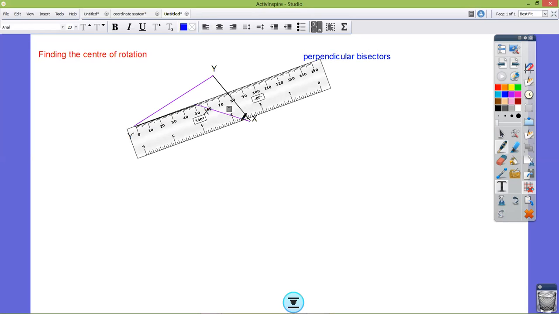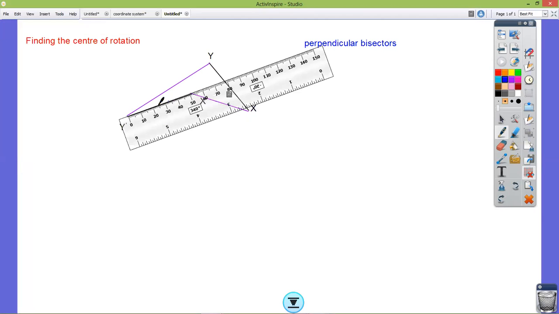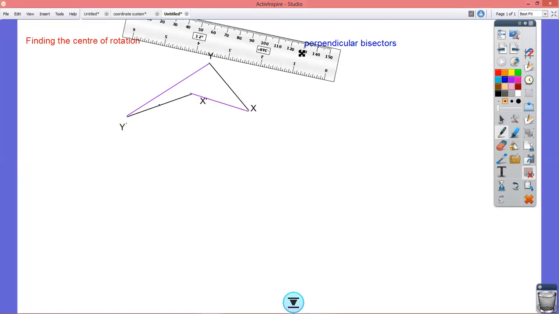First, it will be this one. The bisector must go from this point. Now let's find the other bisector.